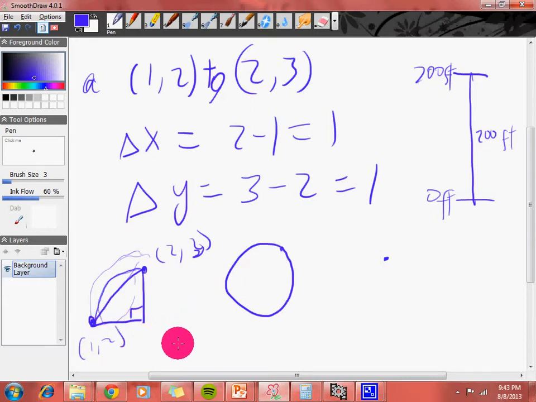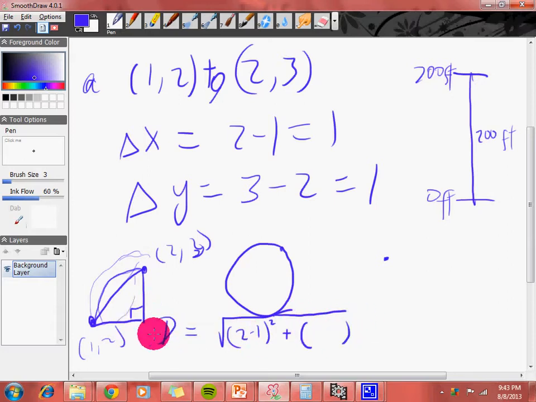They're the same thing. The distance formula is the square root of the difference of these two squared. So 2 minus 1, and it doesn't matter if you go 2 minus 1 or 1 minus 2 because you're going to square it anyways. So it usually becomes positive.